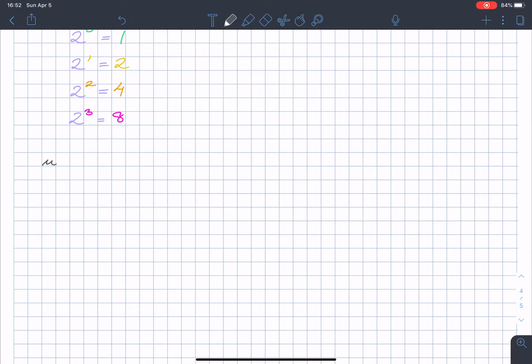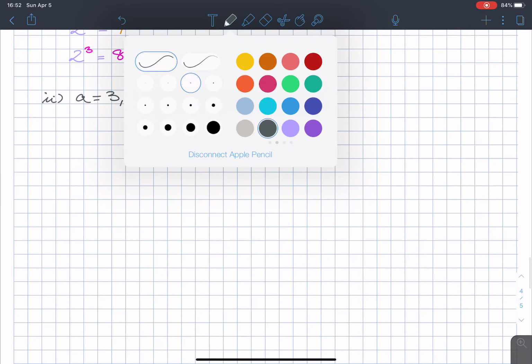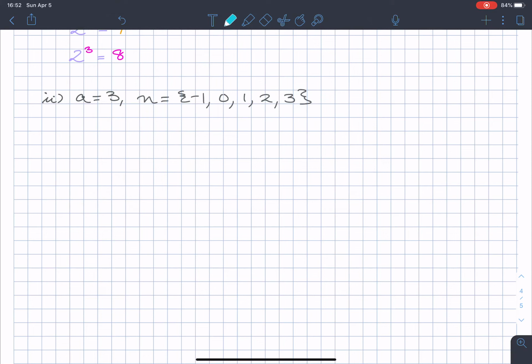Okay, so let's do another one. Number 2, let's say we have the base a is now 3. Let's have n be, once again, negative 1, 0, 1, 2, and 3. Now let's do the base in, say, blue. So the base a is 3.